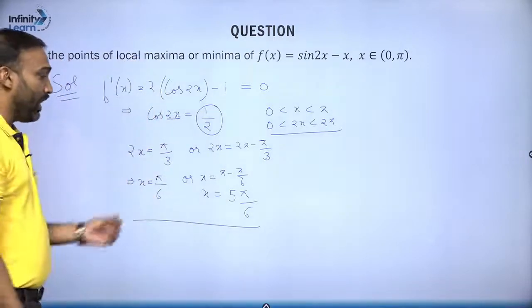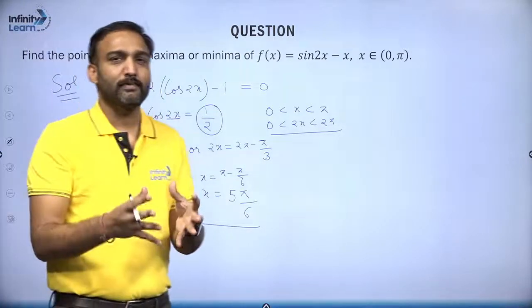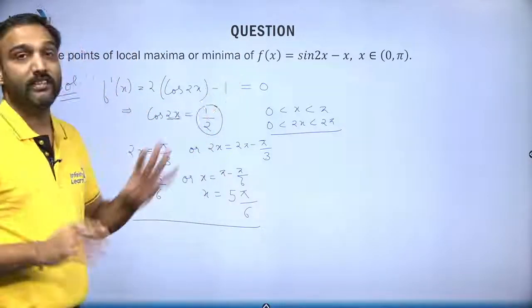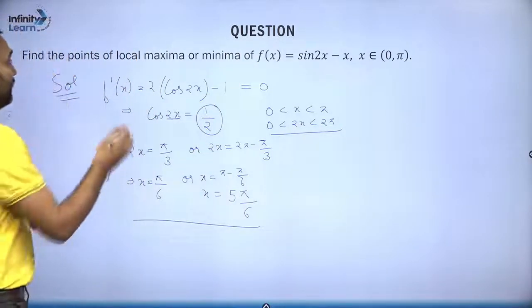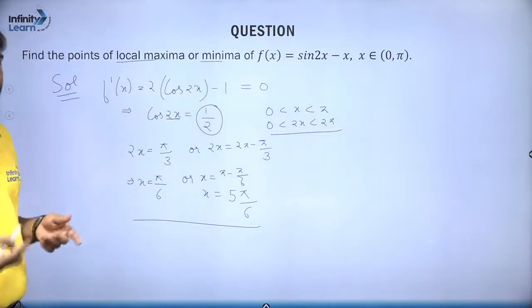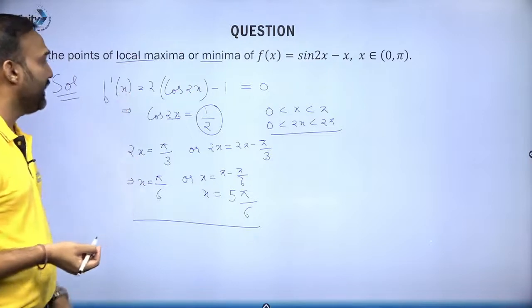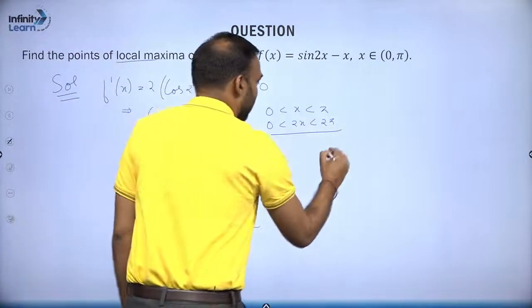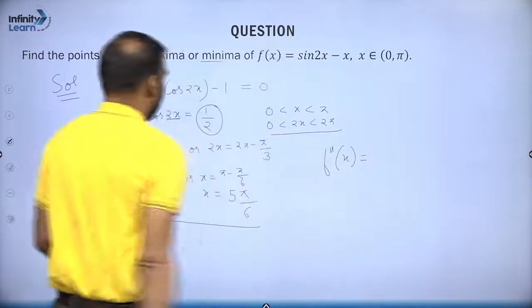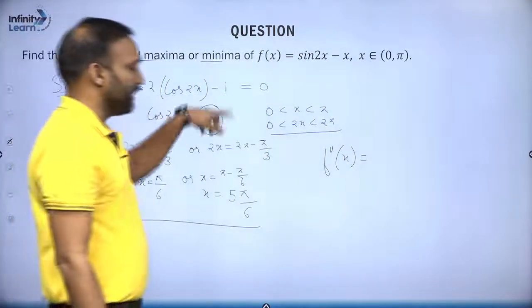Right guys, so now I have two different values of x, one is pi by 6 and one is 5 pi by 6. Both of these x lie between 0 to pi, but we have to check the local maxima or the local minima. Now over here we'll use the second derivative test and I will differentiate the f dash x. So if you differentiate this, we will get f double dash x. Now what is f double dash x? It would be the derivative of this function.